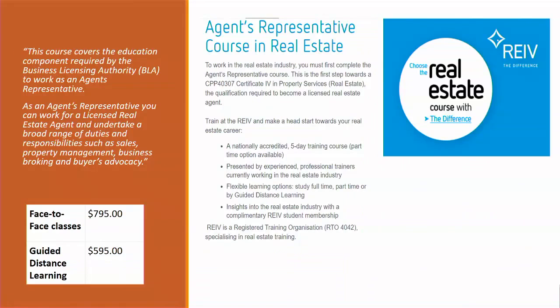The title, in lovely handwriting, because that's the way they used to do it, explains that the only thing on the title is the units themselves, and everything else is common property, and the car parks. So the point I want to make is, for a very reasonable price of just under $800, or even online for $595, in a 5-day course, you can be the representative.